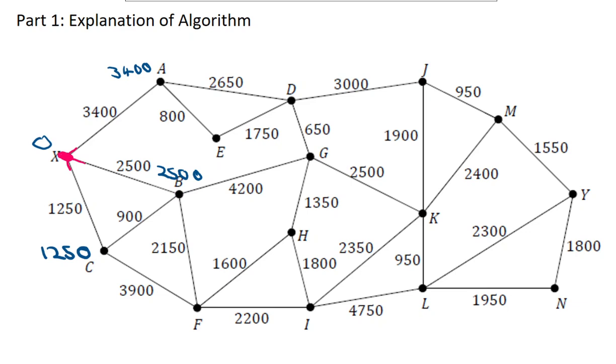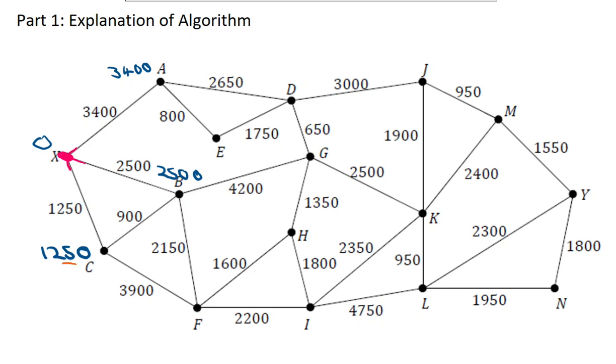If we haven't touched any, like this point here, M, we have no idea about that distance, so we can't do anything with it until we know how far away it is from x. What we do know is A is 3400, B is 2500, and C is 1250. We have those three options to work with, and we take the smallest one, so that is 1250.